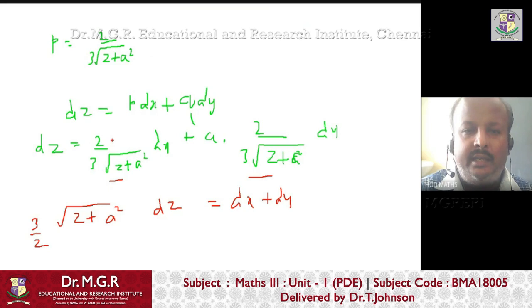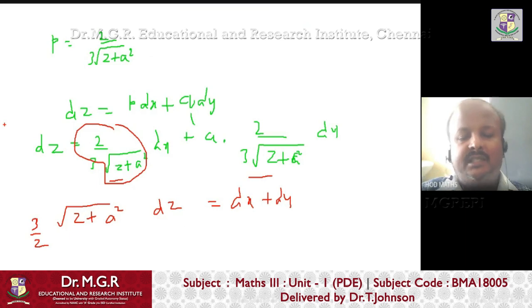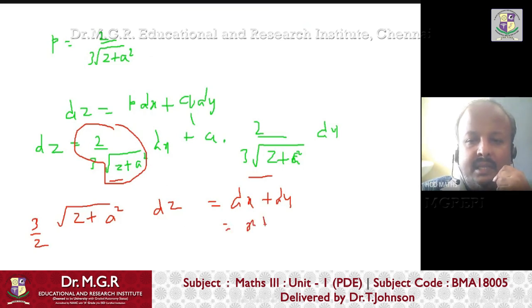So what I did, I took the term 2 by 3 square root of z plus a square to the other side, then it becomes 3 by 2 square root of z plus a square. Right? Now the thing is how to integrate. Right hand side, no problem. It is simply x plus a, because I forgot the a, since q is a times p. So this a is there. A times y plus c.